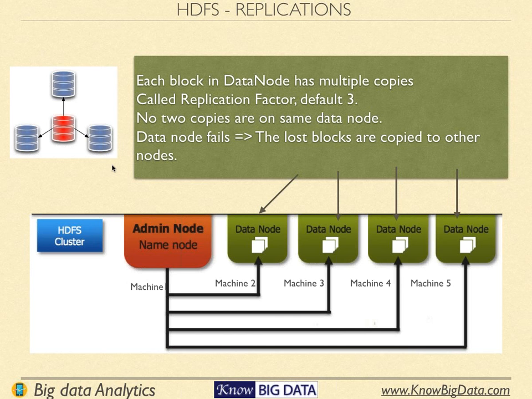Now imagine that all of the 8 blocks are on 8 different data nodes, which means that in case any of the data nodes goes down, your file goes down. You will not be able to recover your file, because in case any of the data nodes goes down, your file will go to waste. So to make the probability lower, it is generally better to keep three copies of each block.